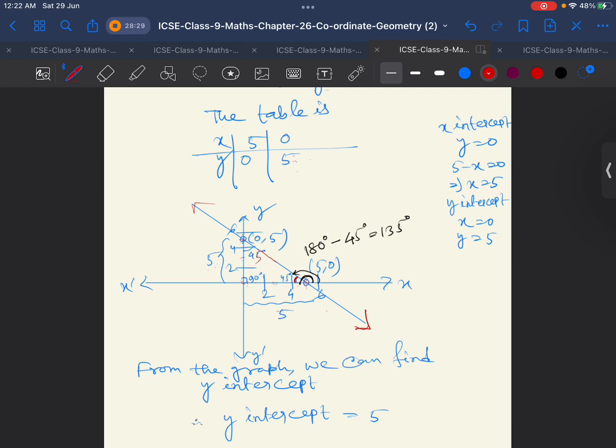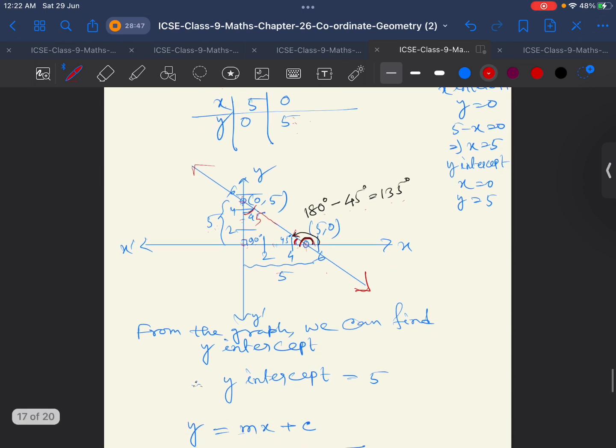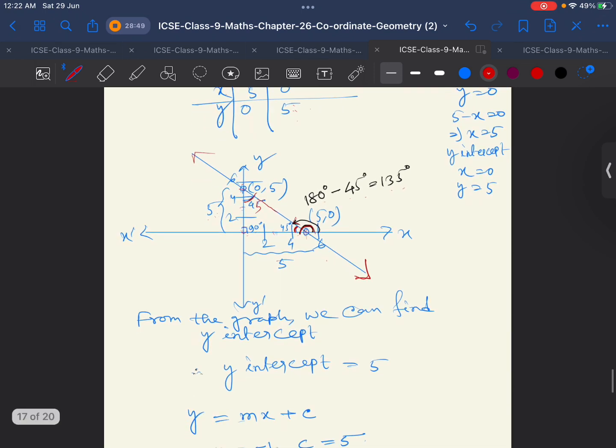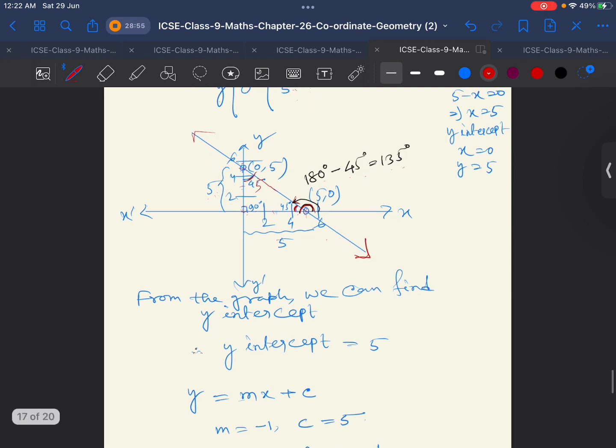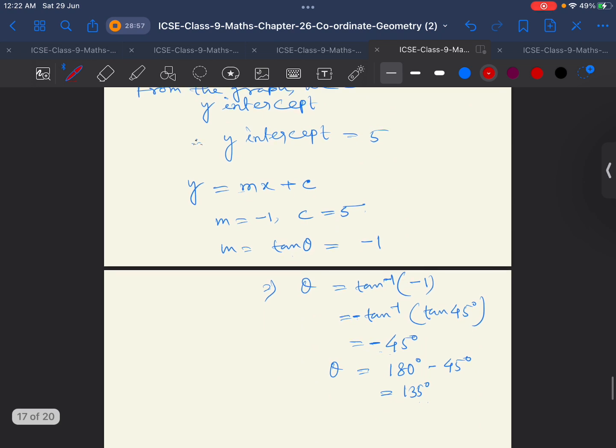This angle is 90 degrees, and these two angles are the same, so this is 45 and this is 45, and the total angle is 180. So this angle will be 180 minus 45, which is 135. So theta, the inclination, is 135. This is measured in the anti-clockwise direction from the x-axis.